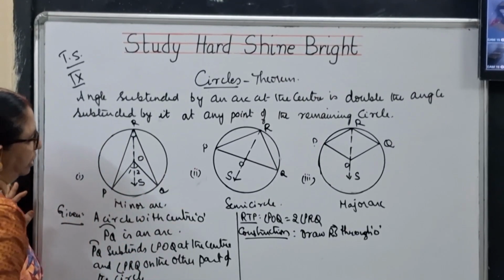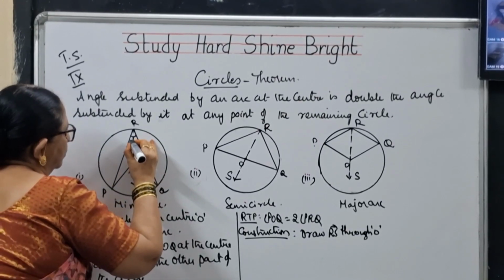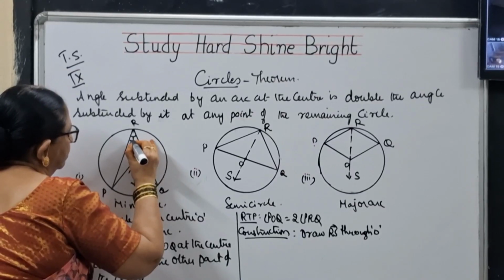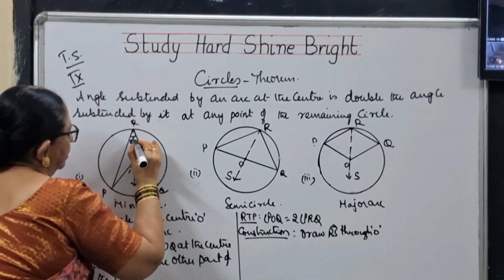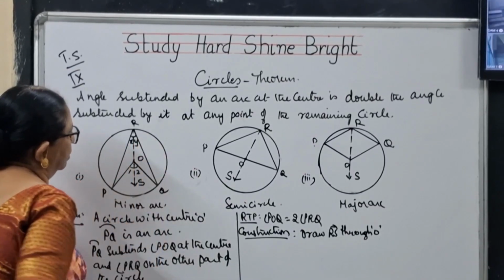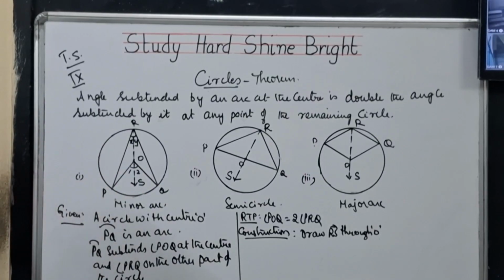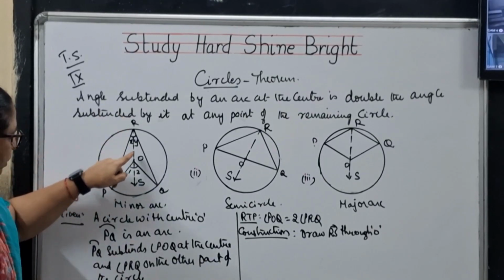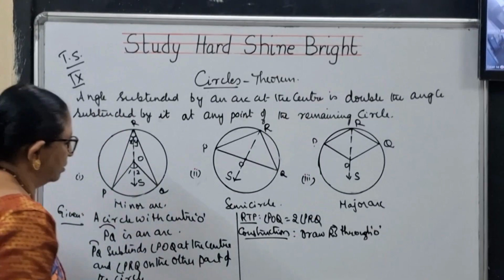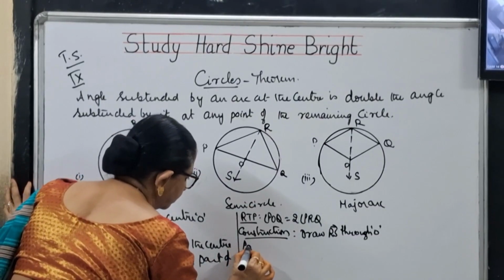Name them as angle 1 and angle 2. So this part, consider it as X, and this part, consider it as Y. Now we are getting two triangles, children. Let us go for the proof.